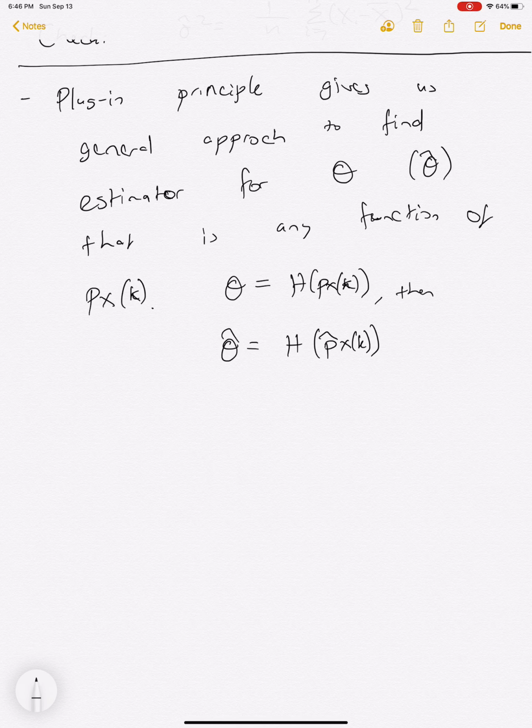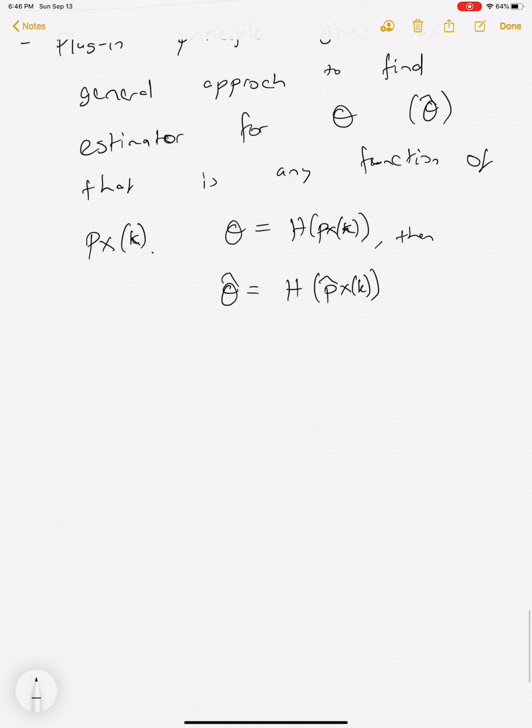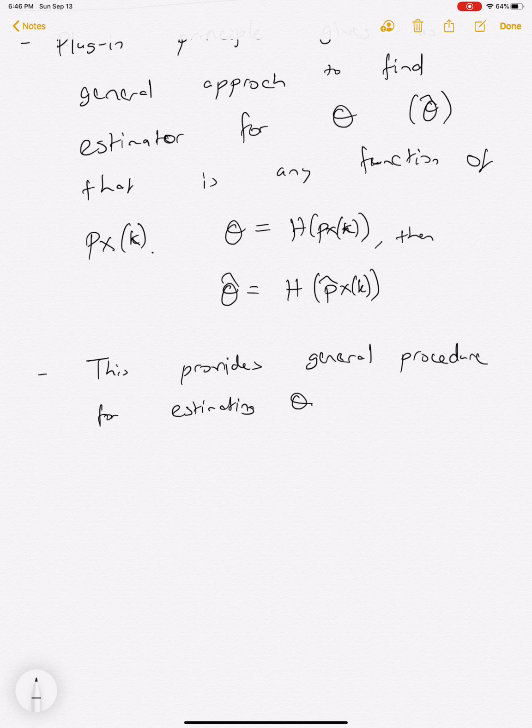We saw that with both the expectation and variance. So this provides a pretty general procedure for estimating theta.